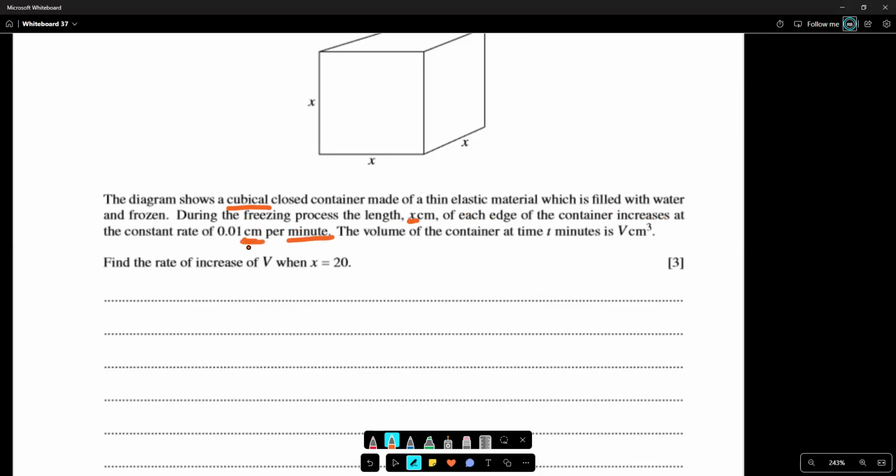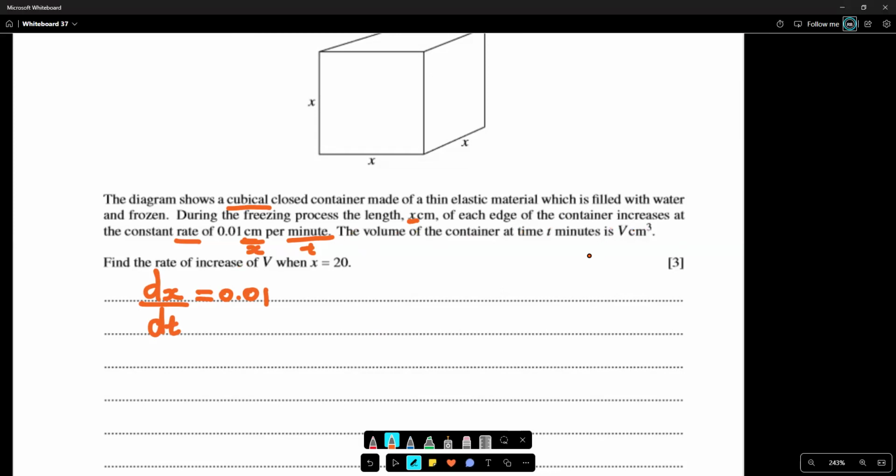Remember, centimeter is for x, this is for time, and then they give us a rate. So we have the derivative of x with respect to time, the rate at which the length is changing. They say it's basically 0.01. And then they say the volume of the container at time t is V centimeter cubed.